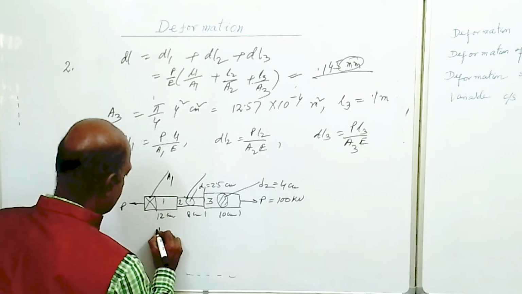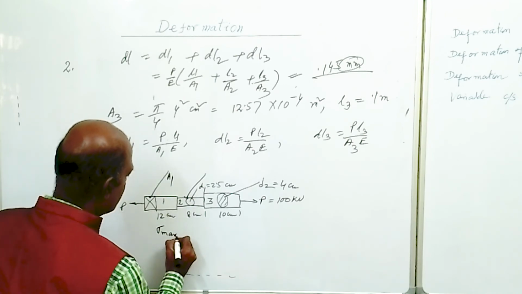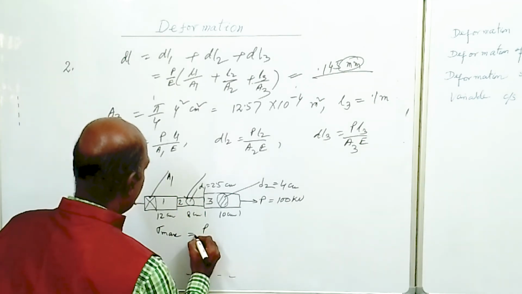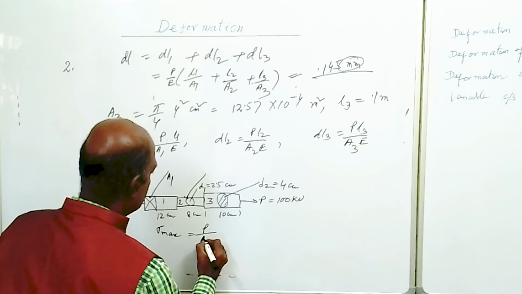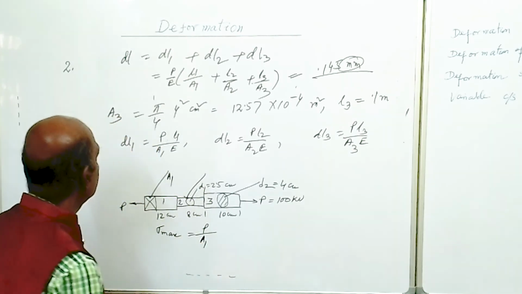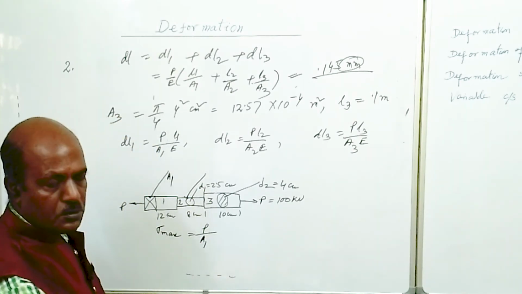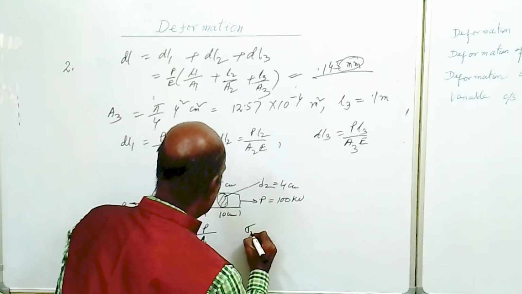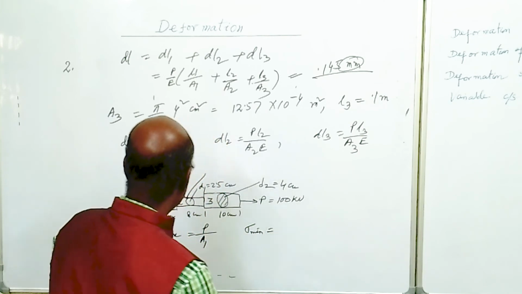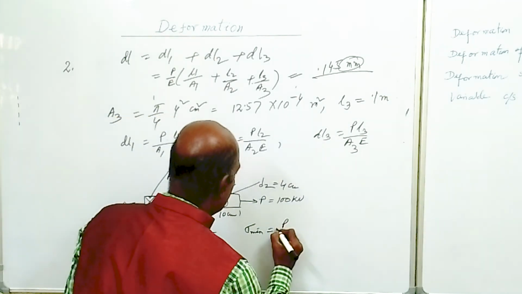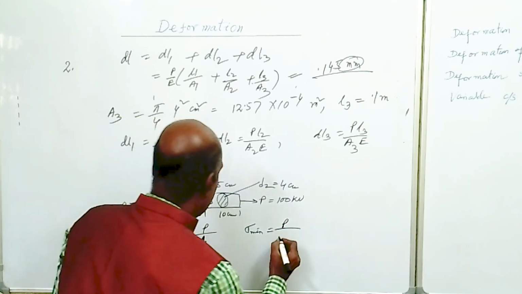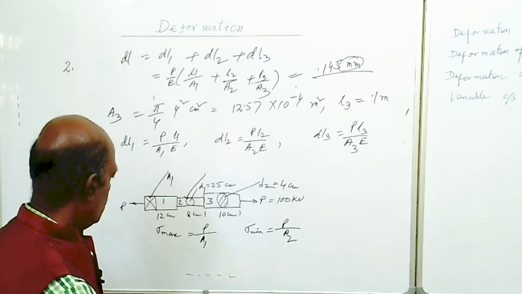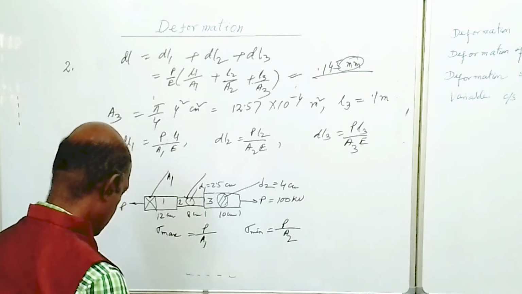So we can write sigma max, the maximum stress developed in the first section, is given by P by A1. Similarly, sigma min will be P by the area of cross-section of section 2, that is A2.